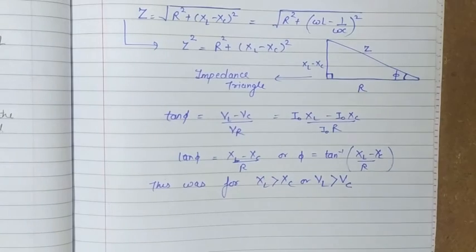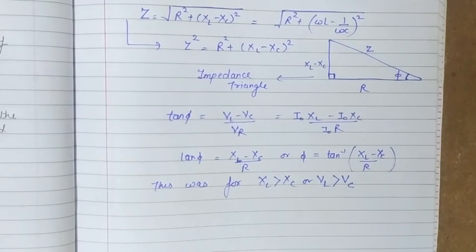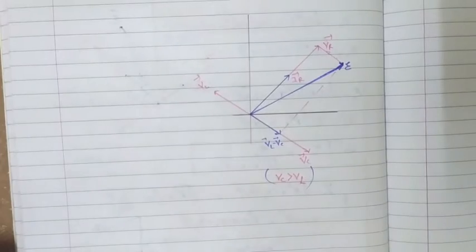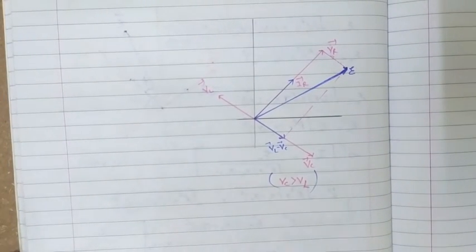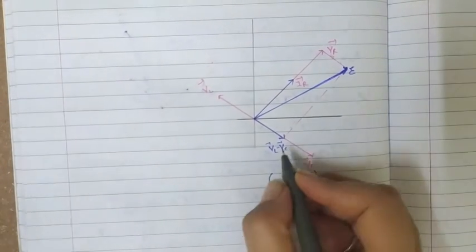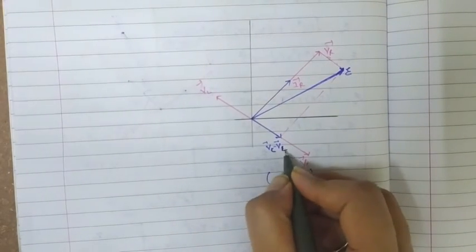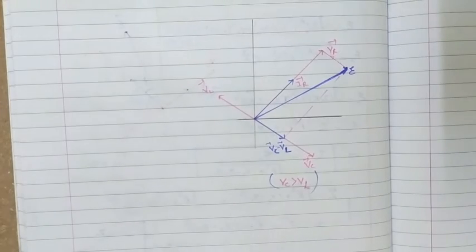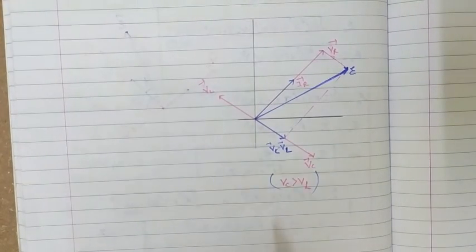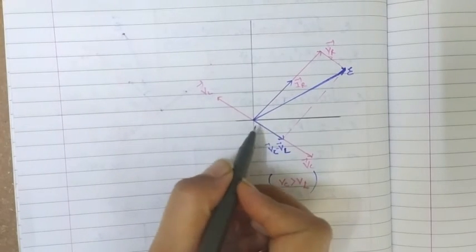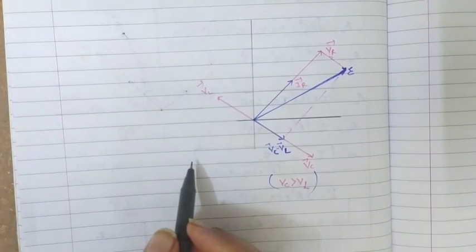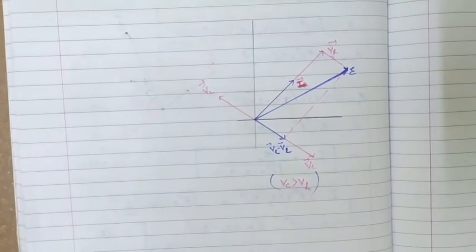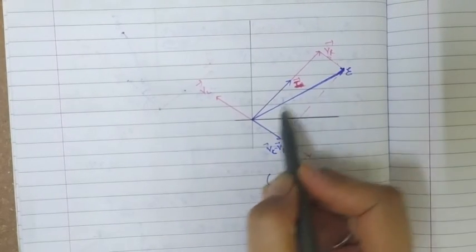So the phasor diagram I am going to plot for this case also. So this will be the phasor diagram when VC is greater than VL. In that case the resultant we get will be VC minus VL, and it will be in the direction of the VC vector, and VC and VL both are making pi by 2 with the direction of the VR vector or I vector. The resultant is the diagonal of this parallelogram.